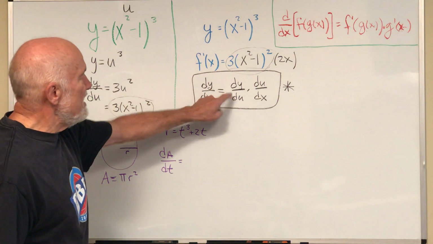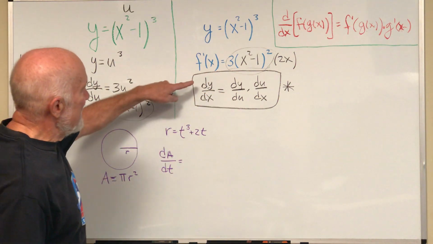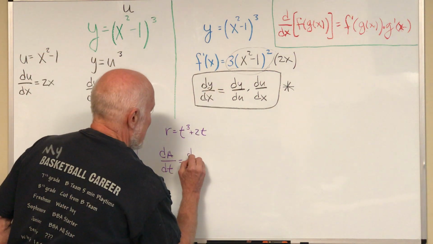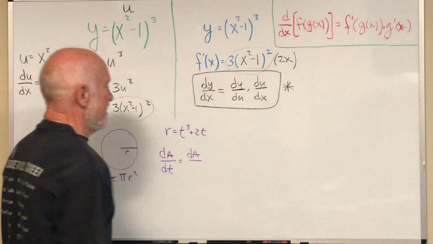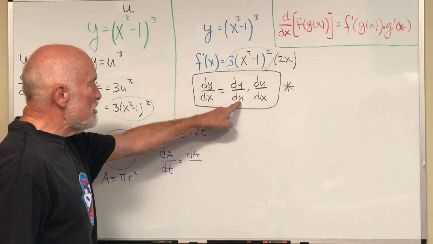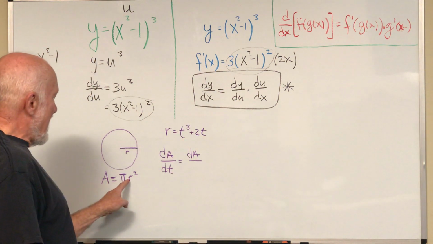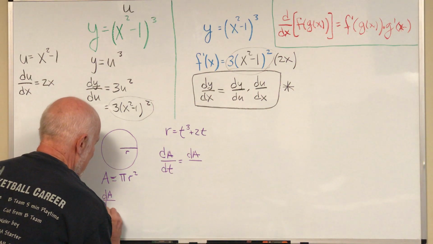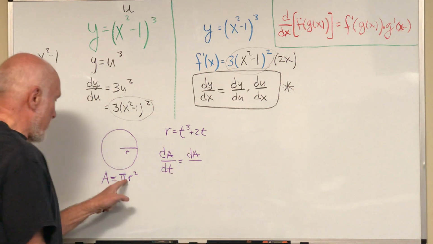But we can go up to here and say dA dt is dA with respect to what we would like to do. So instead of putting a u, I would really like to take dA dr, because I know what that is.